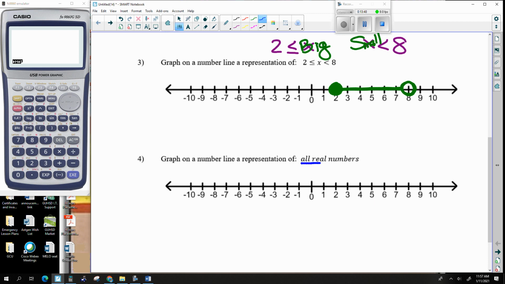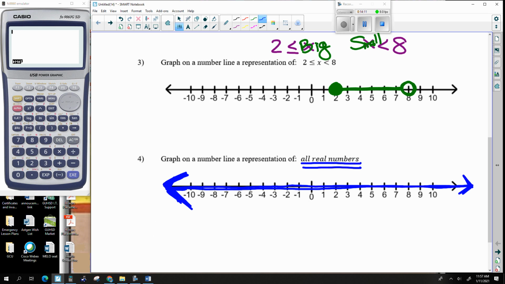Okay, all real numbers, that means x can be any number that you want it to be. So that means it's all of these numbers and then some. So what you do is you just darken it in. And if your graph goes off this graph, like goes on and on and on, you make one of these arrowheads.